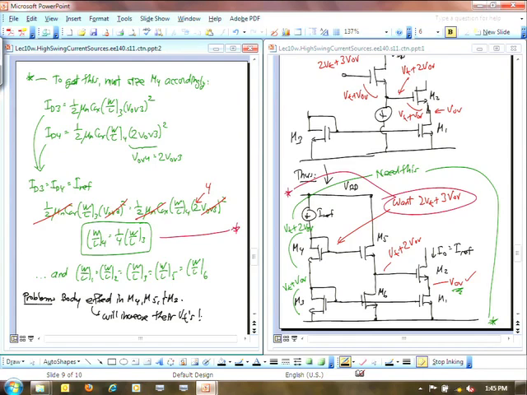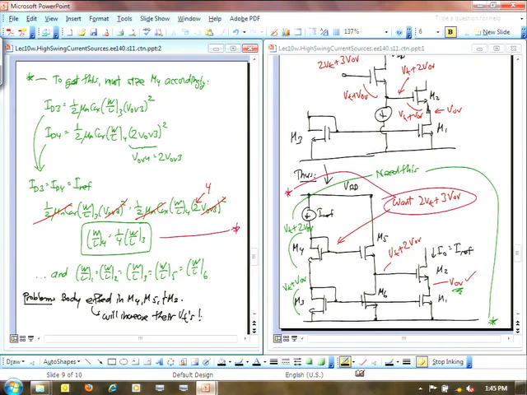So if I looked at this circuit in more detail, how it's really hooked up: all of these devices on the bottom here, M3, M6, and M1, I've tied their sources to the bulk, because for NMOS devices you're usually tying the bulk to ground. So their bulks are basically tied to ground.